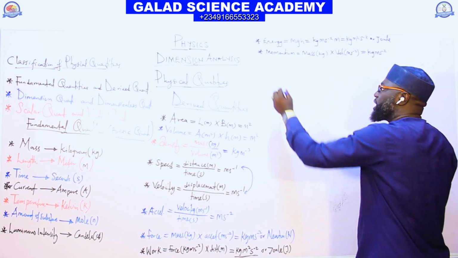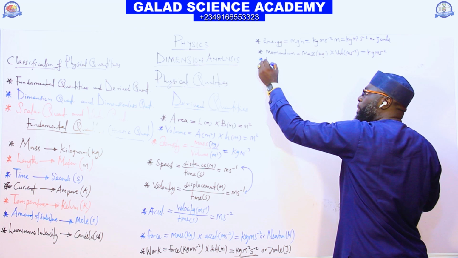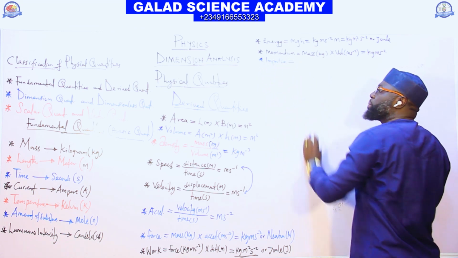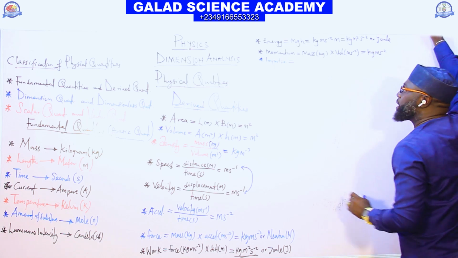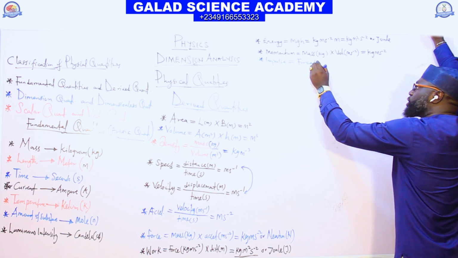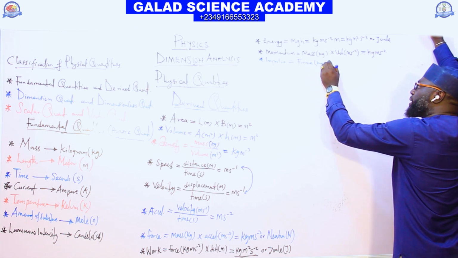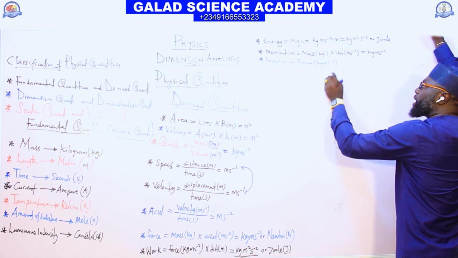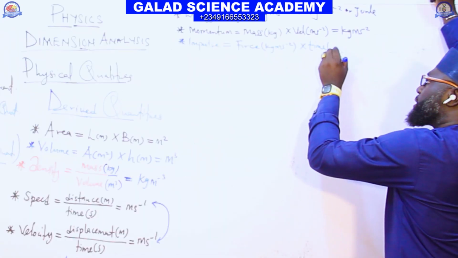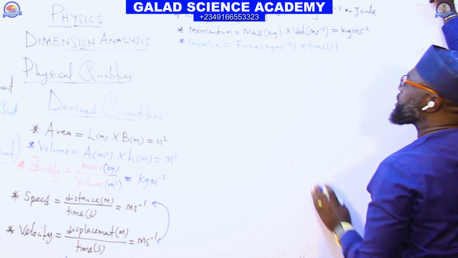The next one is impulse. Impulse is measured in what? Is force. Force is kg meter per second square, multiplied by time. Time is seconds.